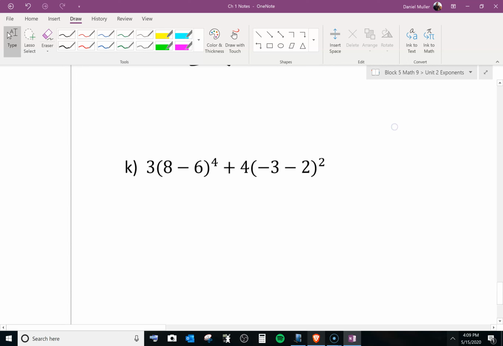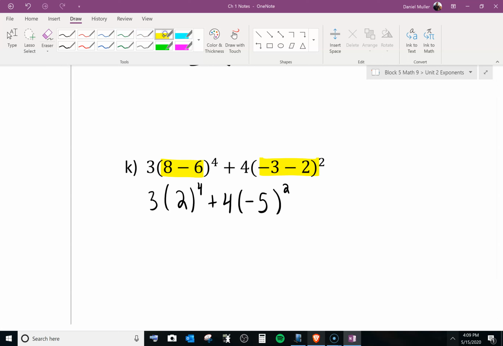Keep going on here. We have to do inside the bracket. So inside this bracket, 8 minus 6. We're going to do that one, and we're going to do that one. 8 minus 6 is 2, plus 4. Negative 3 minus 2 is negative 5. So now we have to do the exponents part, and the bases or whatever's in front, or in brackets.